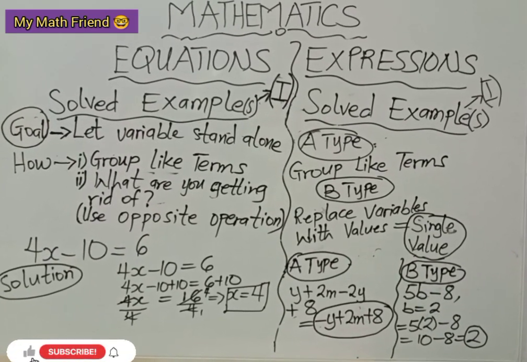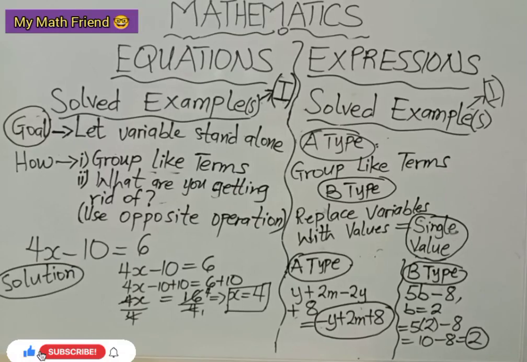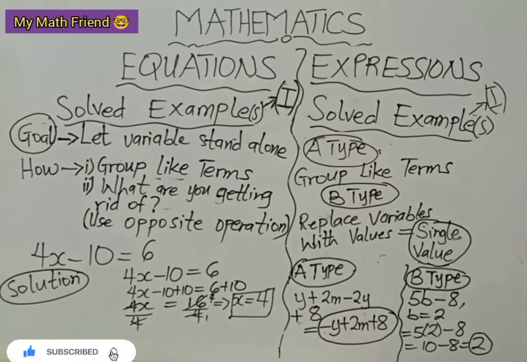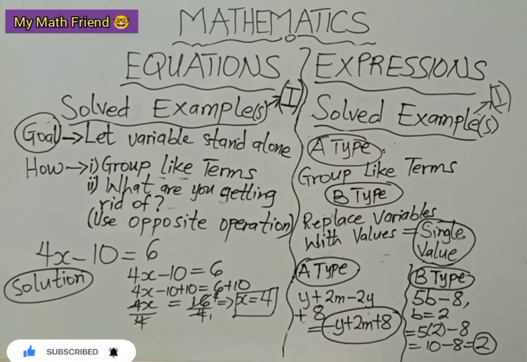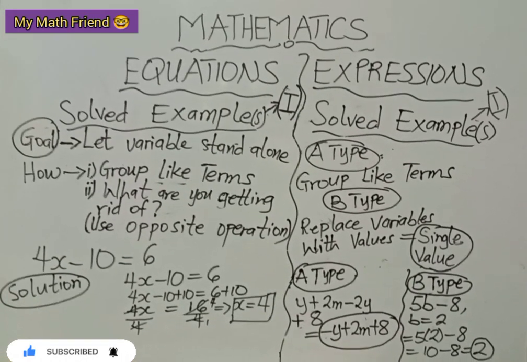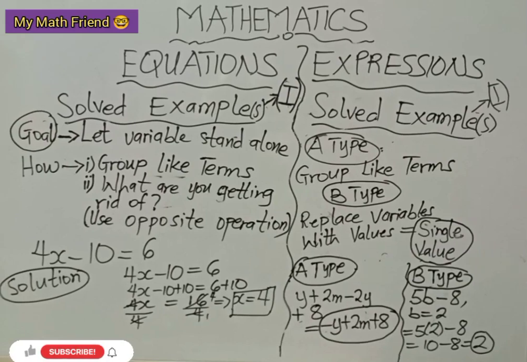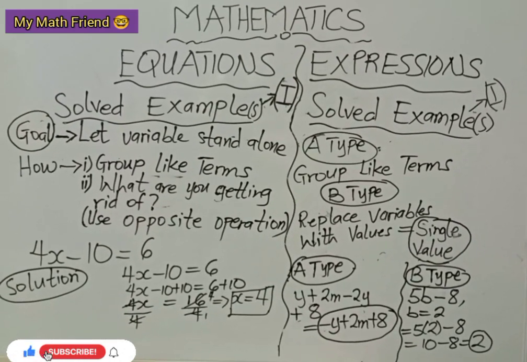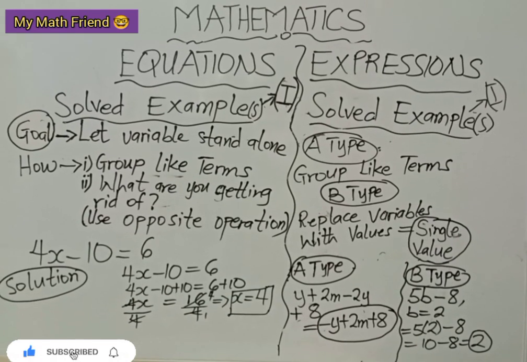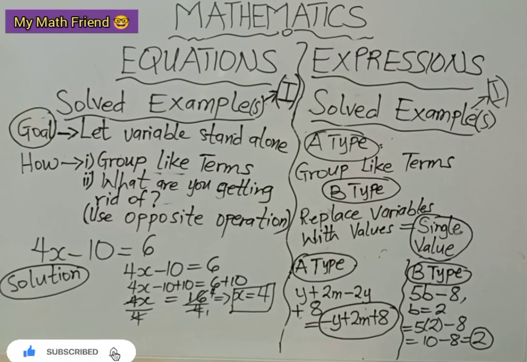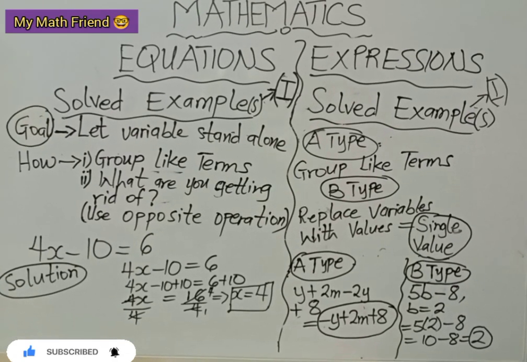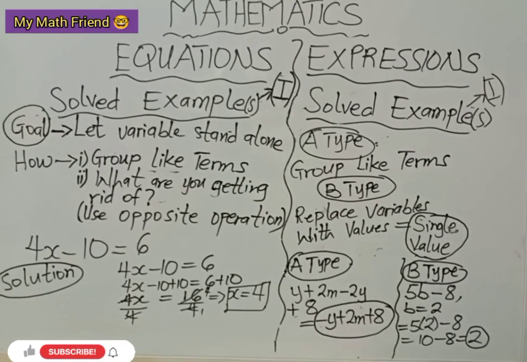Now, in getting rid of it, like we said, you need to use the opposite operation. What is the operation on the 10 there? It's negative, or minus. And so the opposite of negative is what? Positive. And know that what you do to the left side, you should do the same to the right side. So I have 4x minus 10 plus 10 on the left, and then you also add plus 10 on the right, as you can see.